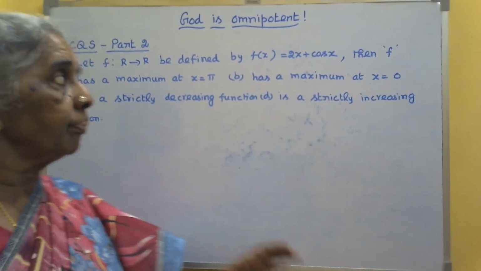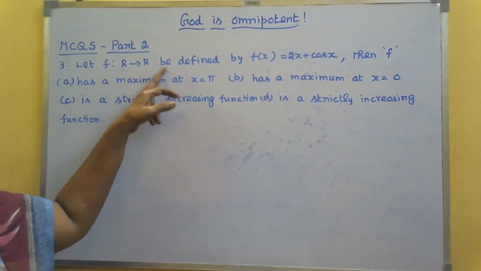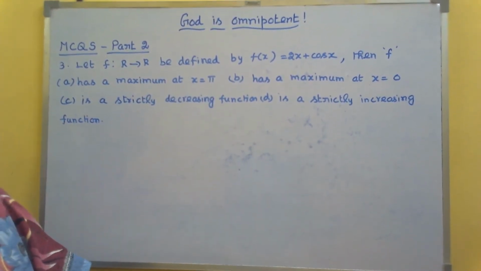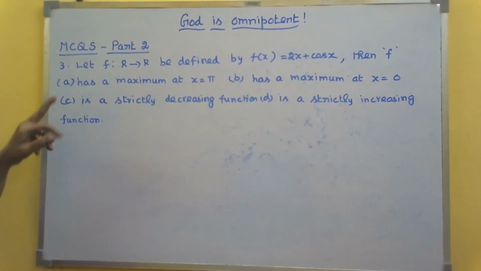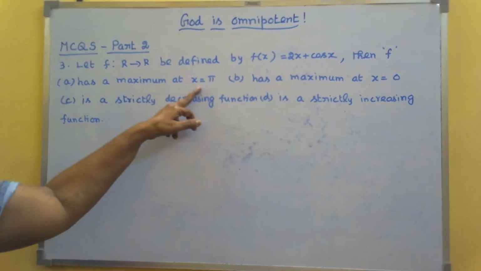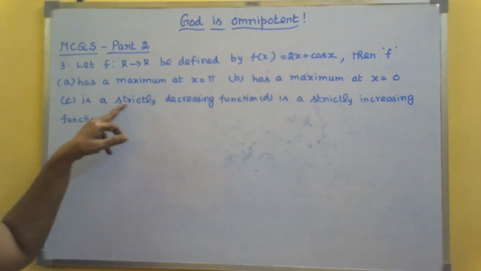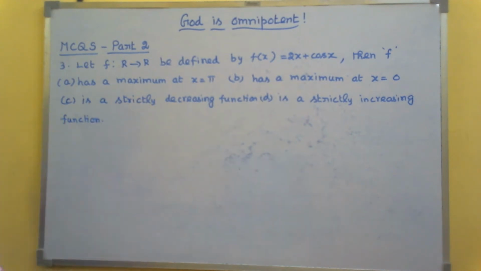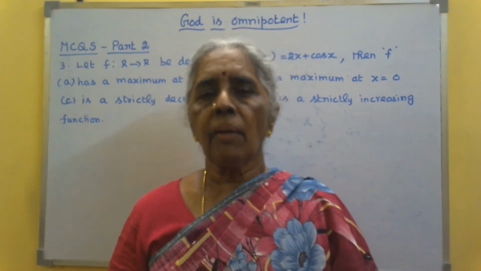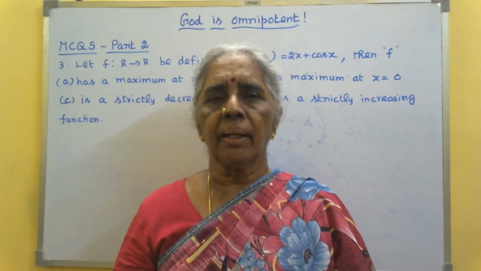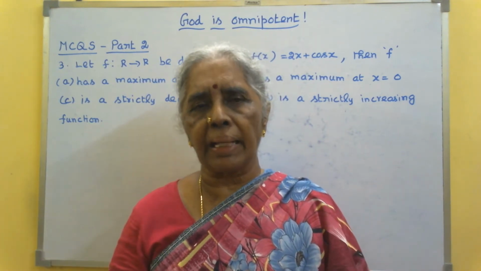Sum number 3. Let f from R to R be defined by f of x is equal to 2x plus cos x. Then f has a maximum at x is equal to pi, has a maximum at x is equal to 0, is a strictly decreasing function, is a strictly increasing function. Now, a function is strictly increasing if f dash of x is greater than 0 for all values of x.